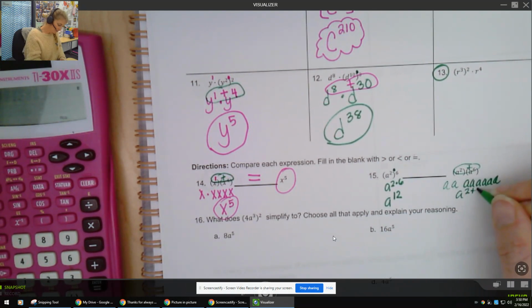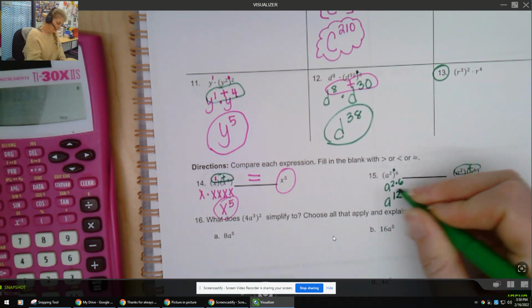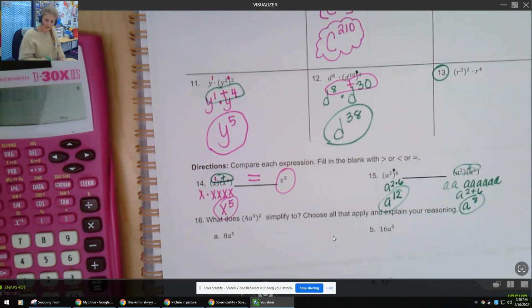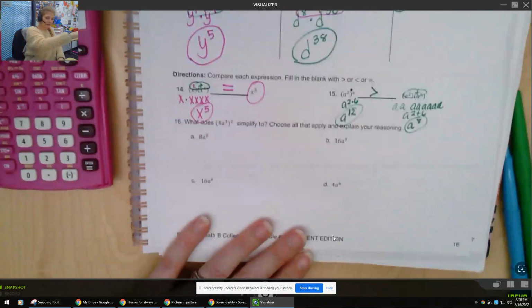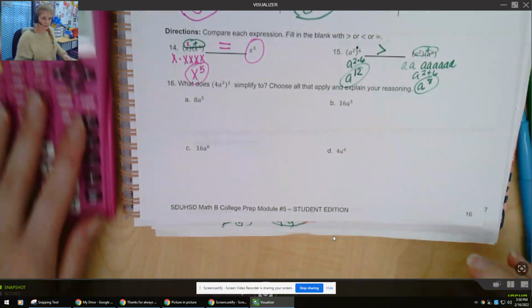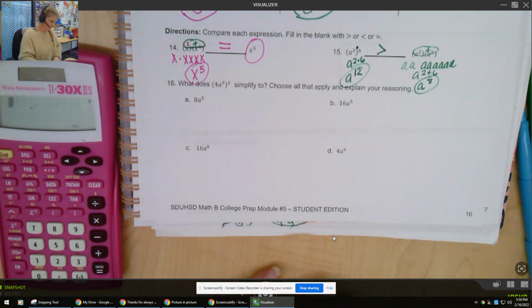It's a to the second plus 6 gets you a to the 8th power. So we're comparing a to the 8th and a to the 12th. So a to the 12th is going to be greater than a to the 8th. Nice job.